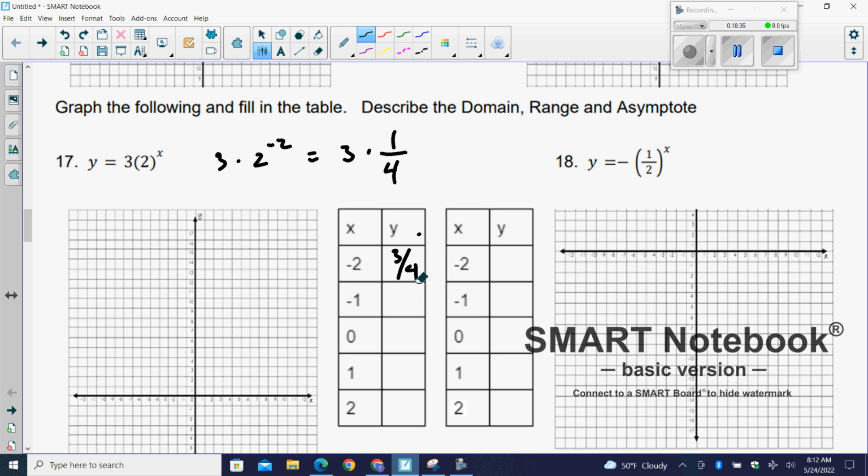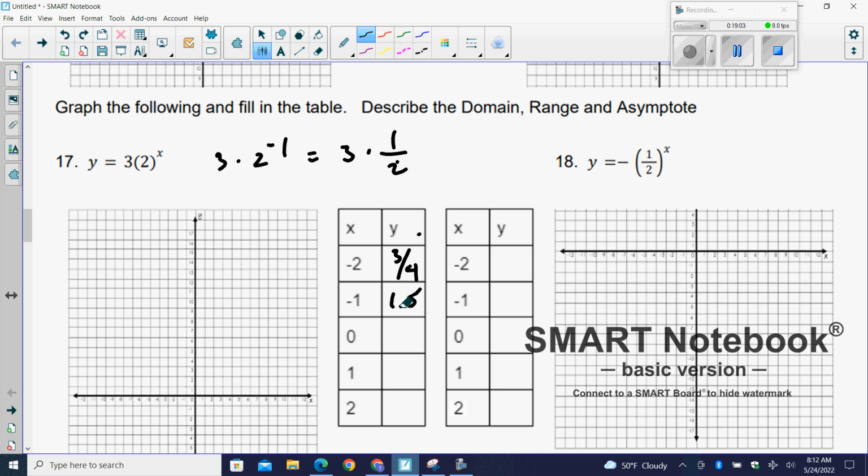If you type that into the calculator, you would have got 0.75. All right, put in a negative 1. Plugging in negative 1 here, this becomes 1 over 2. And 3 times 1 over 2 is 1.5, or 1 1/2, or 3 over 2.